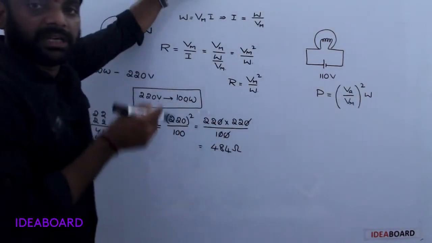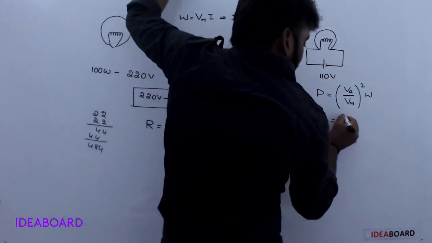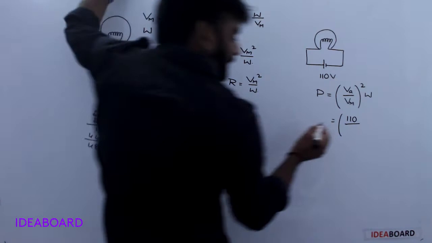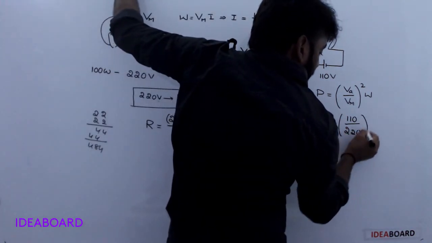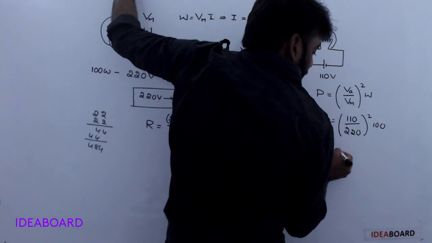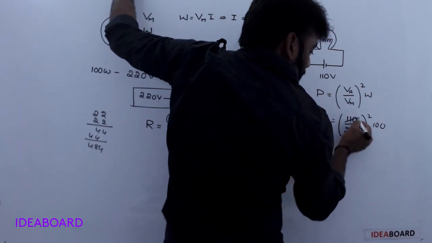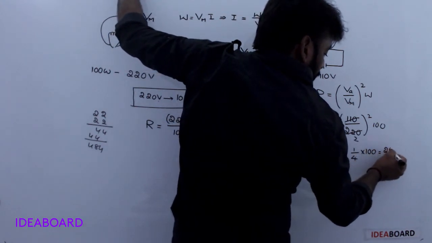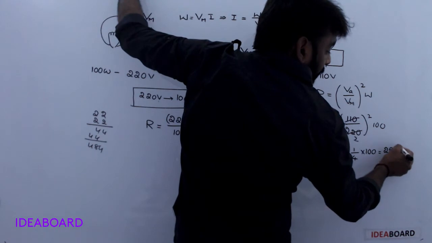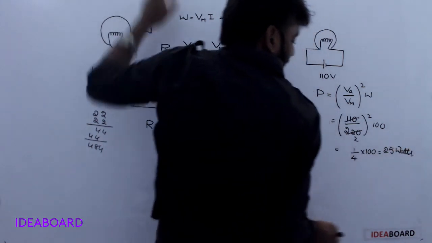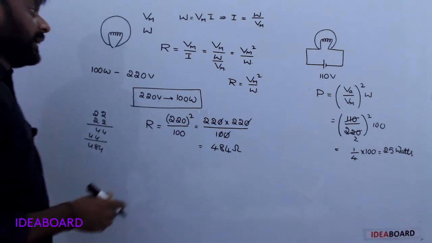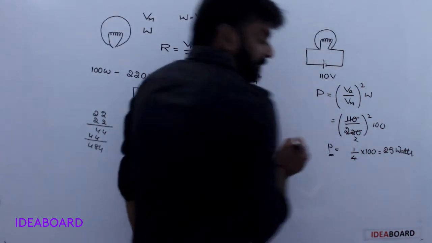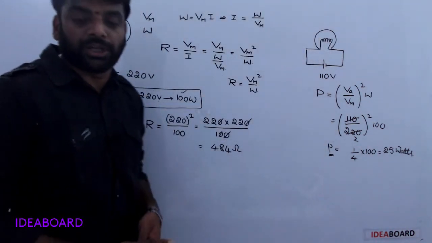What is V applied here? 110. Mentioned one is 220, whole square, into 100. 110 by 220 is one by two, so one by four into 100, so 25 watts. Your power consumption is 25 watts. Understood? This one is power consumption.